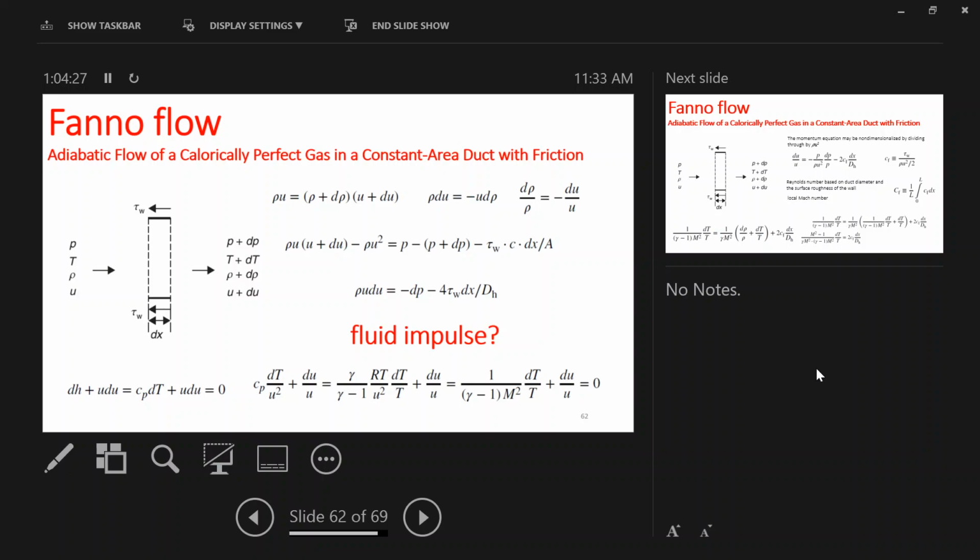Okay? So if you write the energy equation, you are going to get this: dH plus u du is going to be equal to 0. We can also write that in terms of total enthalpy or Cp dT plus u du.